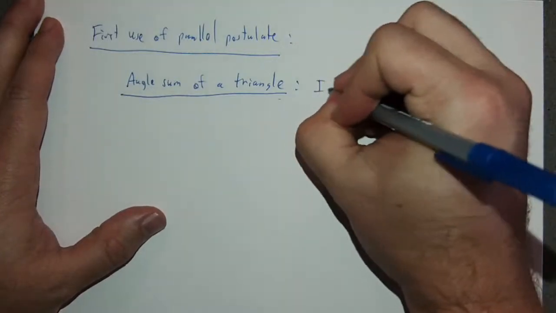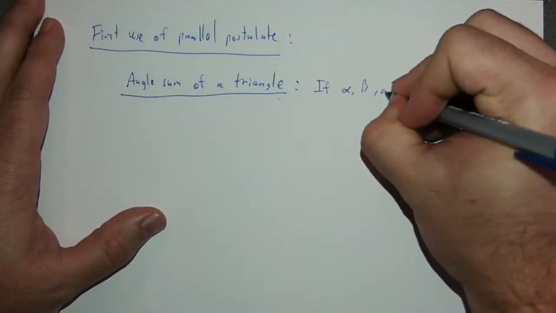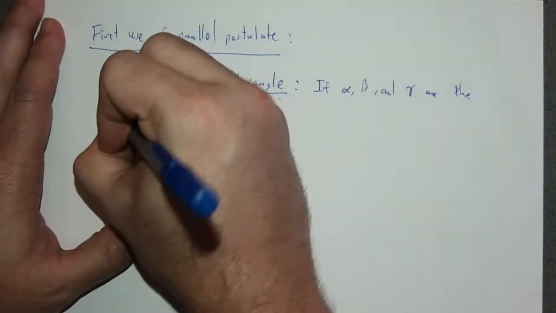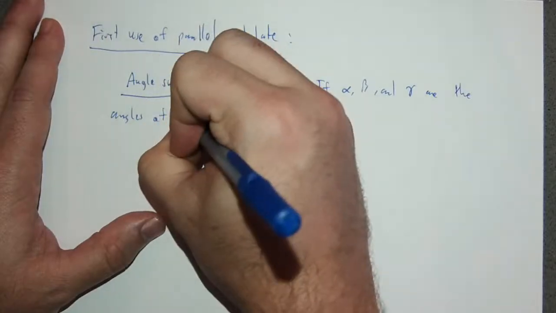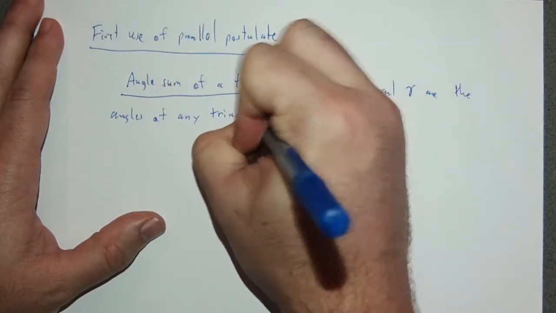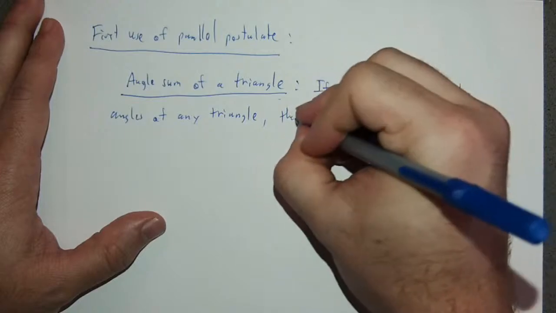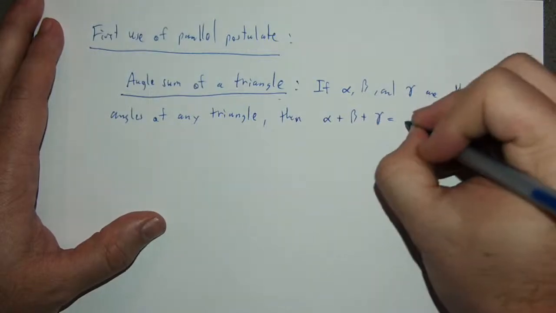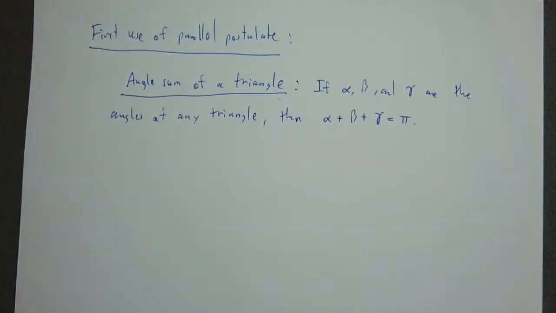If alpha, beta, and gamma are the angles of any triangle, then alpha plus beta plus gamma is equal to pi. This is the very familiar phrase that the interior angle sum of a triangle is 180 degrees, or pi radians.